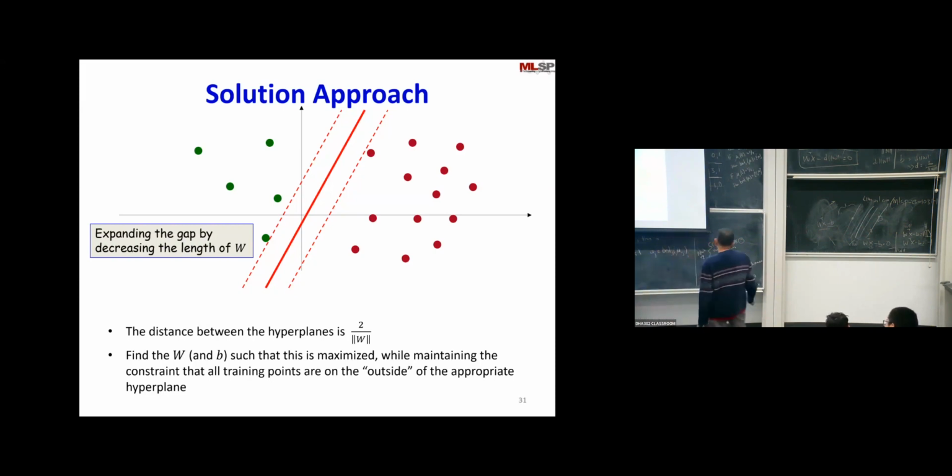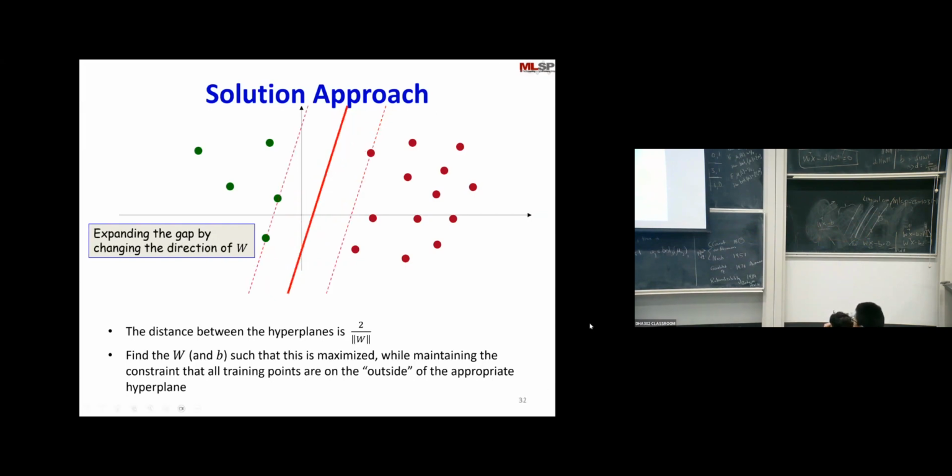Does this mean that I have found the optimal decision boundary? No, because this may not be the best case. So I have to figure out how I can rotate and move it.